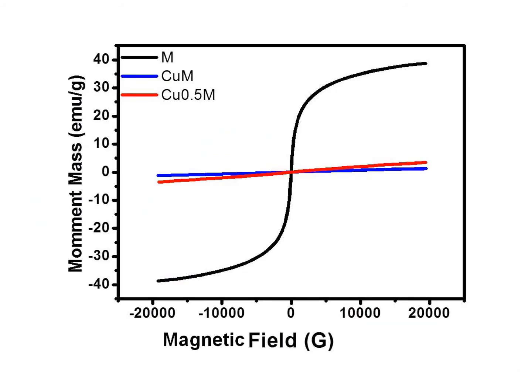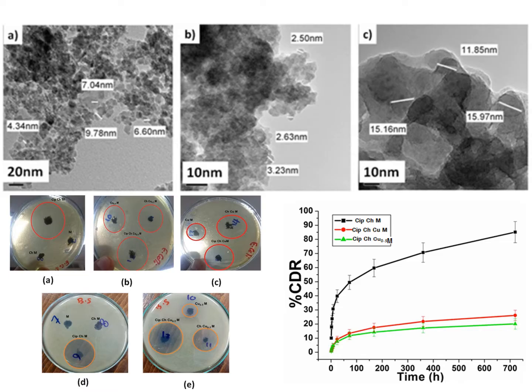And these were the magnetization properties, and we can see that magnetite is having superparamagnetic properties. And this is TEM characterization for the morphology of the nanoparticles.